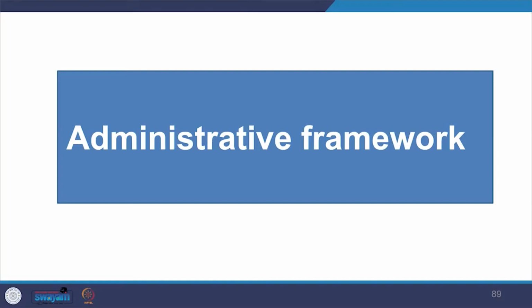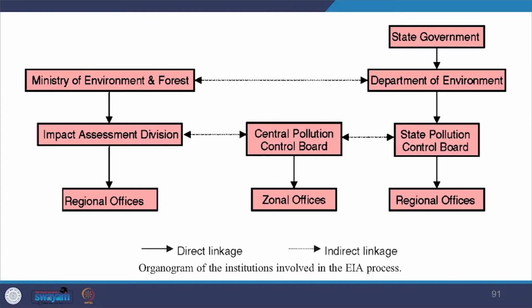Now looking at the administrative framework. The existing environmental clearance process is a two-layer system involving both central and state authorities, which you can see in the figure. At the central level, the Impact Assessment Division undertakes the work under the regional offices of the ministry, with the help of the Central Pollution Control Board.